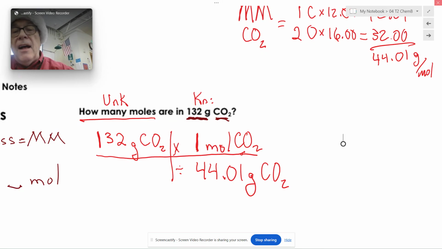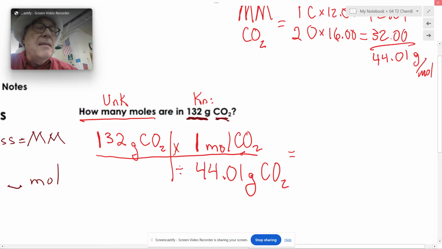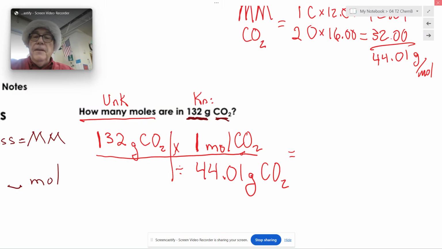So now we can calculate this, and I hope some of you have calculators on your desk. If you don't have one, I'm going to encourage you to find a calculator over here. If you want to walk over and get one, feel free to do that. It's good to do this because you're going to develop muscle memory of doing the calculation and looking at it. And you're just going to develop that skill of solving these problems of converting from grams to moles.